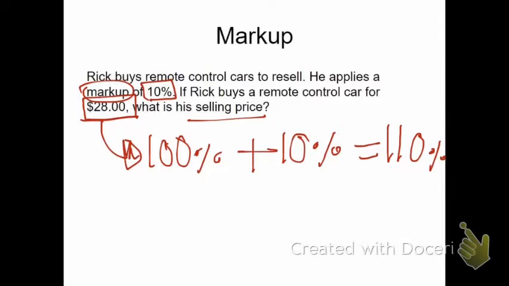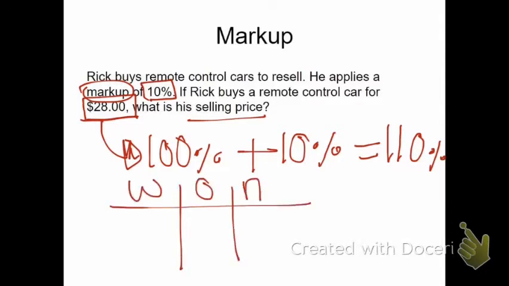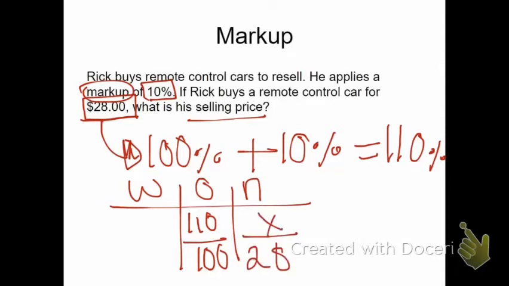So we can solve this using a percent proportion. We are trying to find what 110% of the price is, given we already know what 100% of the price is. We know that 100% of the price is 28. What's 110% of the price? By the way, you can always eliminate your common zeros. So that's the same thing as dividing 11 by 10.